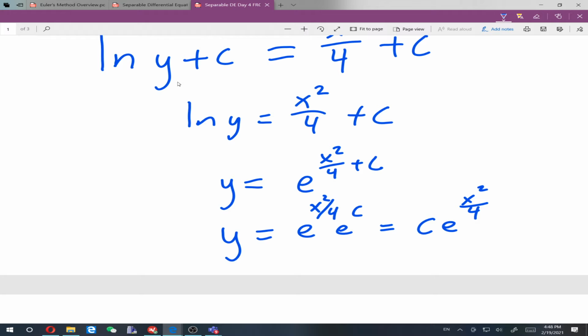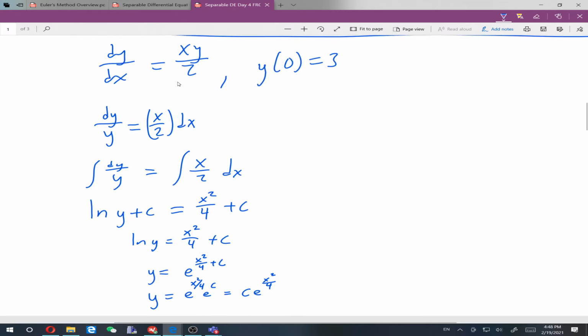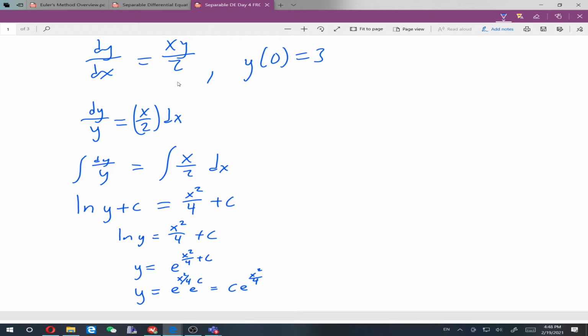Okay, so this is my general solution, but we still need to find our particular solution. We know that when x is 0, y is 3. So I'm going to mark this.